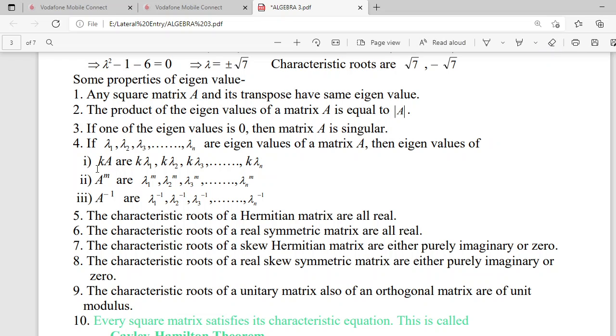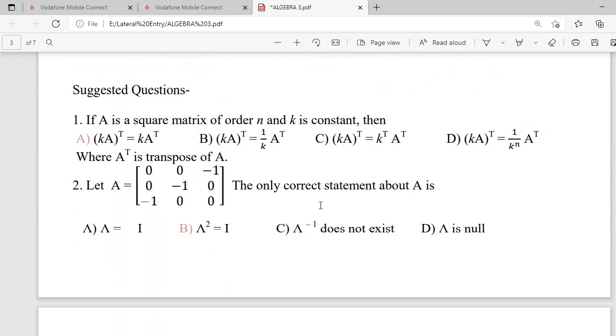So if K is a constant, the determinant of KA will be K to the power n into determinant A. Its eigenvalues will be multiplied by K, then lambda 1, lambda 2, up to lambda n, whose product we know is determinant A. And n factors of K must be there, so as to get K to the power n, because the determinant of KA is K to the power n into determinant A. So this is one property. Then A to the power m.